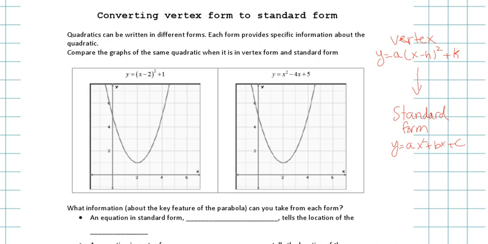Now, why do we want the different forms? Why do we care about the different forms? I'm guessing standard form is the one that gives you the two zeros. Actually, it's not the standard form that gives you the two zeros. It's the factored form. Okay? But we need the standard form to be able to go to the factored form.